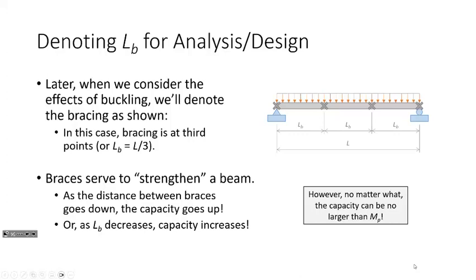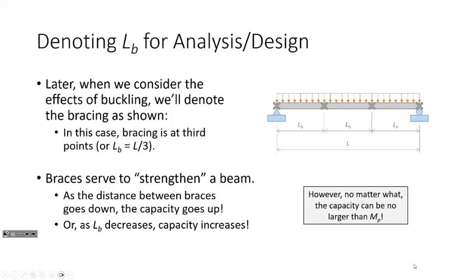To keep it really simple, the 30 foot length is what I'm interested in from a structural analysis perspective. The 30 foot is what I'm going to use to compute support reactions, draw shear diagrams, draw moment diagrams, etc. But it is the 10 feet that I am going to use in the formulas that I explain later to compute capacity. Does that make sense?